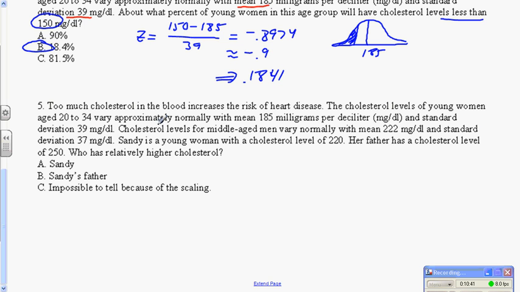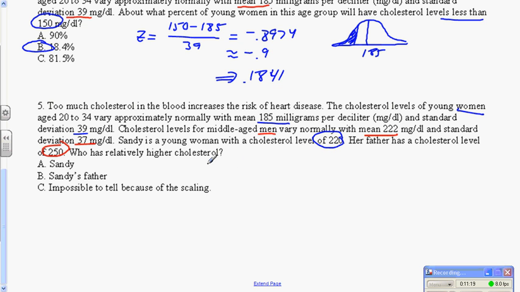Last question, too much cholesterol thickens the heart, or increases the risk of heart disease. Now let's take a look at women, which we already said we have. We're going to look at men, which has this mean and standard deviation, and they want to compare the two. Sandy has blood cholesterol of 220, and her father has 250. Who has the higher cholesterol? They have different standard deviations and means, so we have to do a z-score for each one.